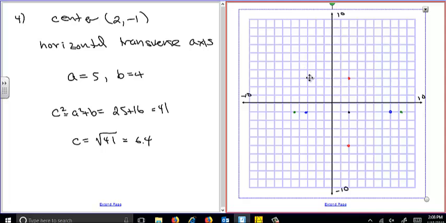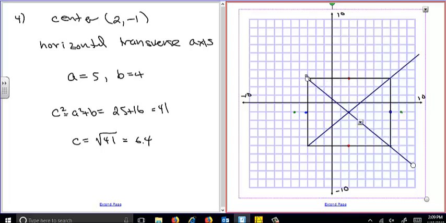Let's draw our rectangle connecting those points, which are nice because they're right on the grid. Once you've got this box drawn, then you can draw your diagonals. If I drew this correctly, it should go right through the center, which it does. Same way here.